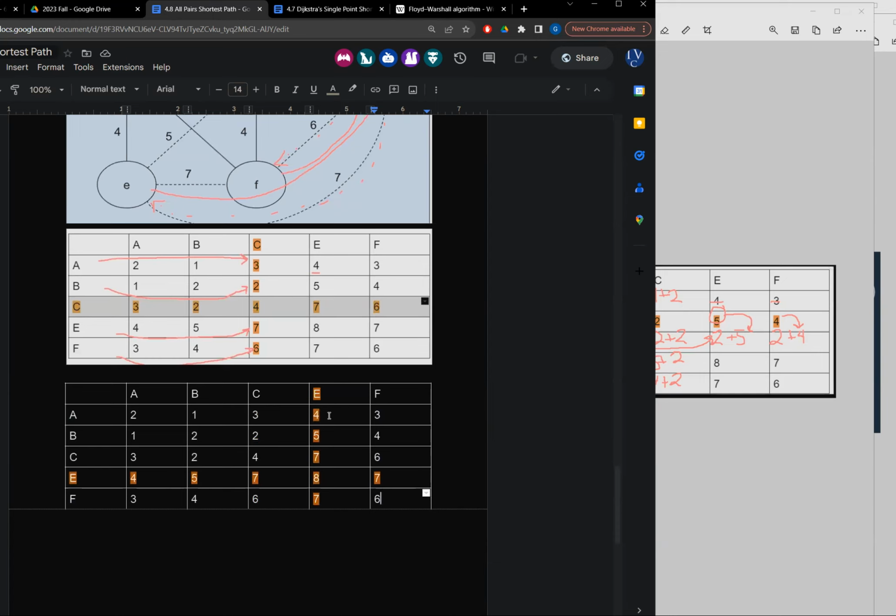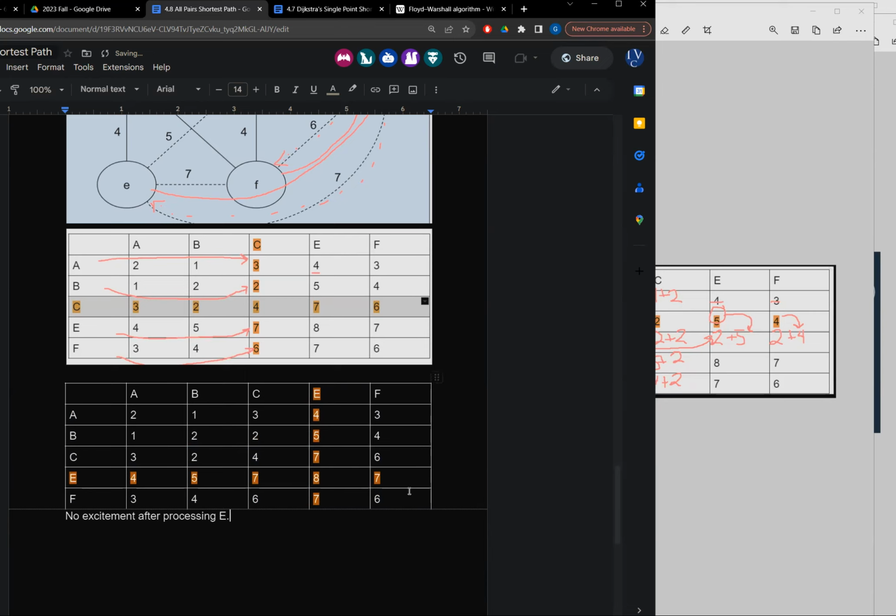All right, so row by row, using E as a vertex, only values that are larger could we update. Same thing here. Larger than 5, larger than 7, larger than 7. So a whole lot of nothing, no excitement.